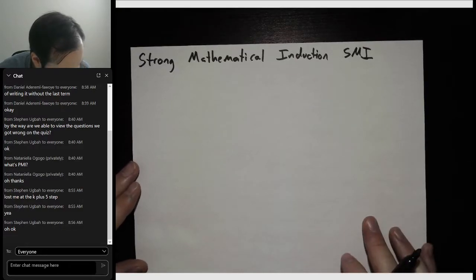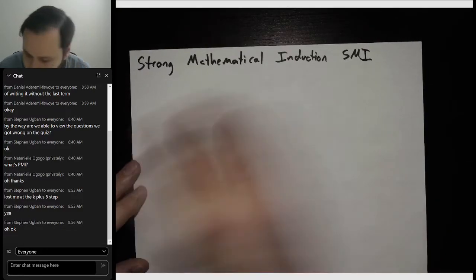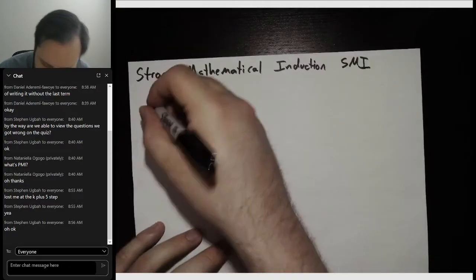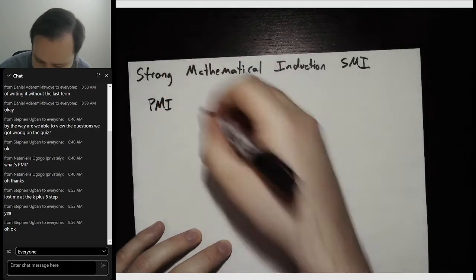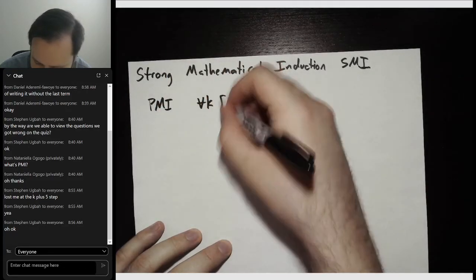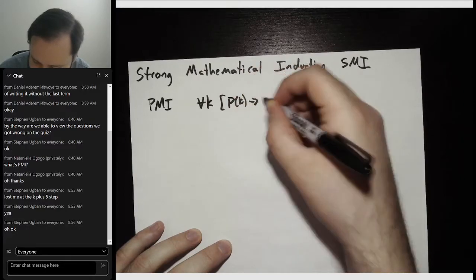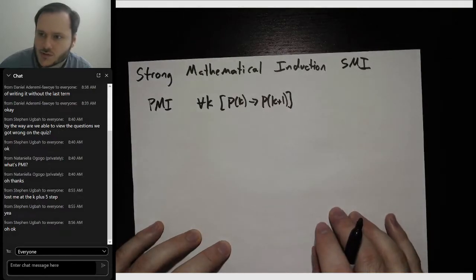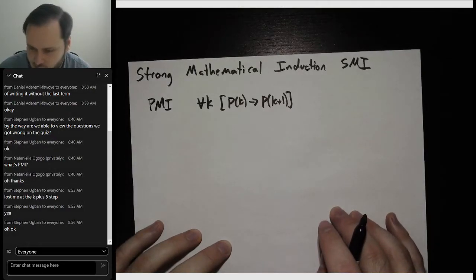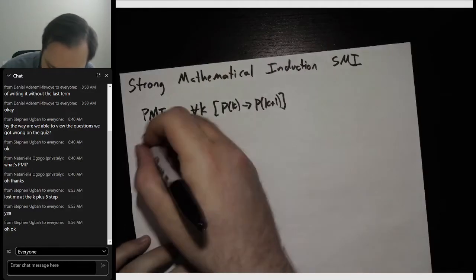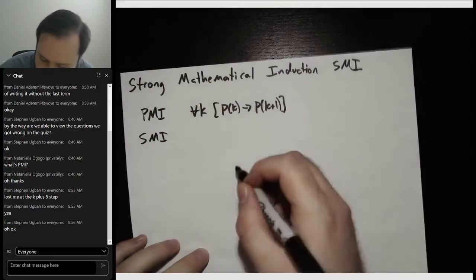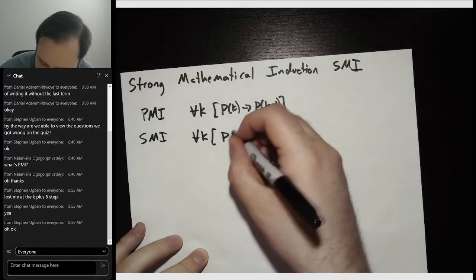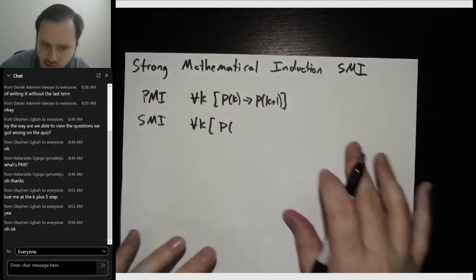Okay, so strong mathematical induction. Instead of showing, like we did in PMI, that for all k, P of k implies P of k plus 1, we can use all of our previous steps. So strong mathematical induction says for all k, we can assume P of wherever we started.